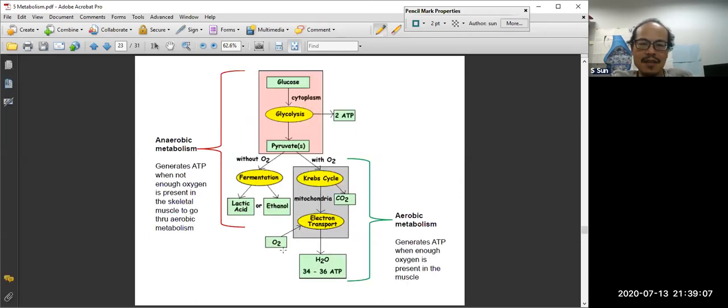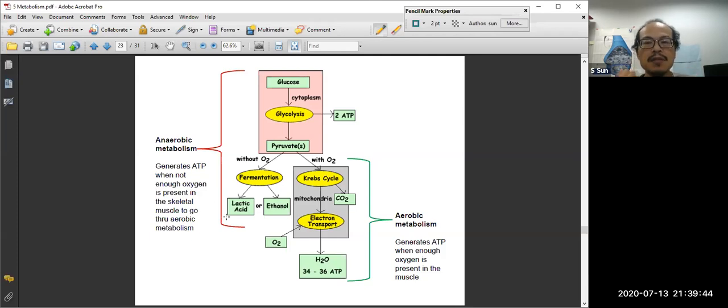Now, this lactate is commonly seen when we exercise, because it's not that we don't have oxygen. It's just that oxygen is used very quickly. Earlier, we talked about the blood. We know hemoglobin carries oxygen to the local tissue, and the local tissue sees oxygen as money. So all the cells that see oxygen will grab it and use it. When we exercise, the supply doesn't meet the demand.